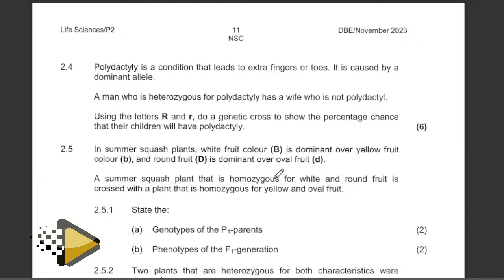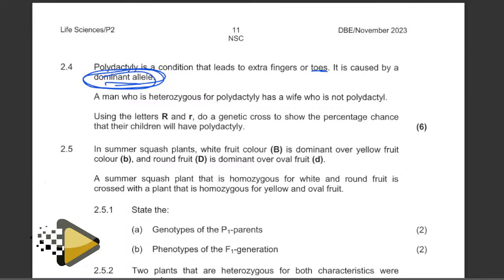That is question 2.4. Question 2.4, we are saying that polydactyl, these are the people who have extra finger. Maybe they have 6 instead of 5, right? They have 6 instead of 5, leading to extra fingers or toes. It is caused by a dominant allele. This word, you remember I told you guys when we talk about dominancy?